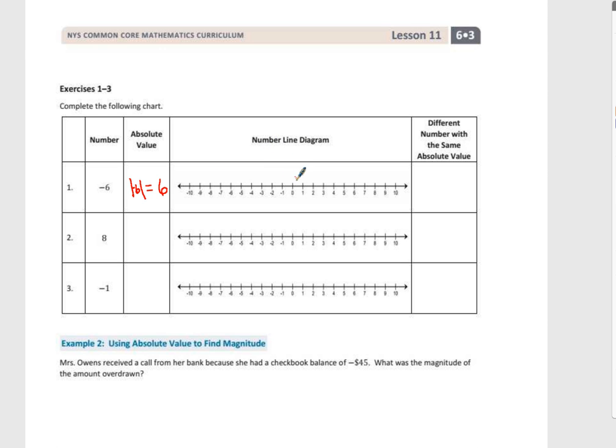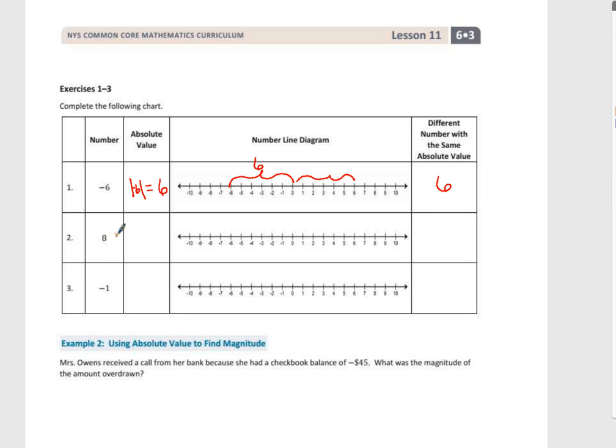We're going to graph it. So we know that negative 6 is here, and it's how far from 0? It is 6 units. So the different number with the same absolute value: if this one was a negative 6, and it came out 6 units, what would it be on the other side? Positive 6.